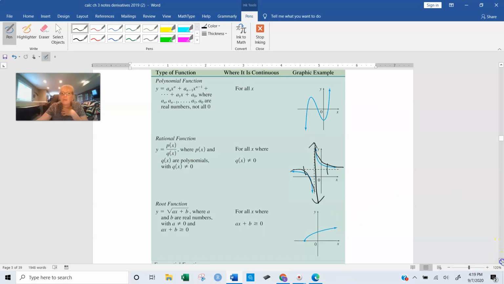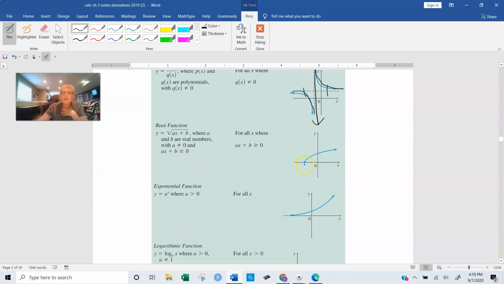All right, so here, this is good. Anywhere from here over, it is continuous. So it's good on the interval where this has a value. So right here, this is ax plus b. So wherever this is positive, we have a value, and it's continuous there. It is not continuous if it is less than that because there's no value here.